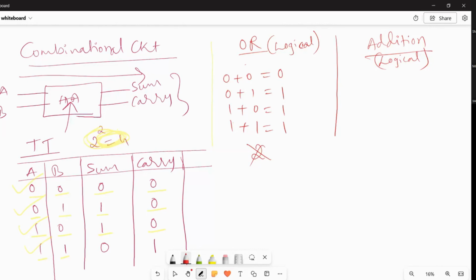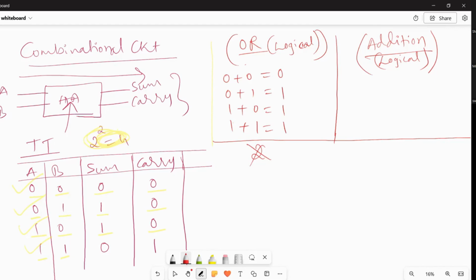In digital, again, two things are there. One is the logical OR operation. Plus means logical OR operation. Logical addition is different; both are not the same. When you perform the logical OR operation, 0 plus 0 is 0, 0 plus 1 is 1, 1 plus 0 is 1, 1 plus 1 is 1.